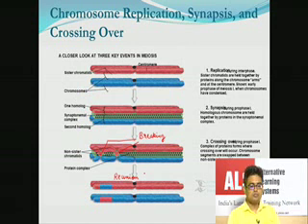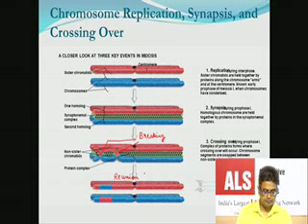Just draw this diagram, please. This is happening in pachytene stage of prophase 1. You can also write the notes if you want to, but the diagram is more important. Let me know as soon as you have finished.